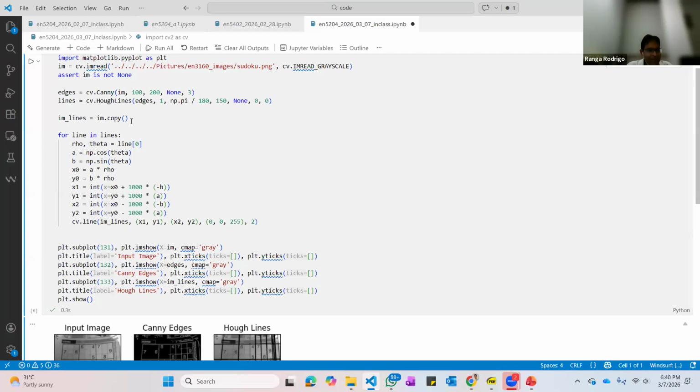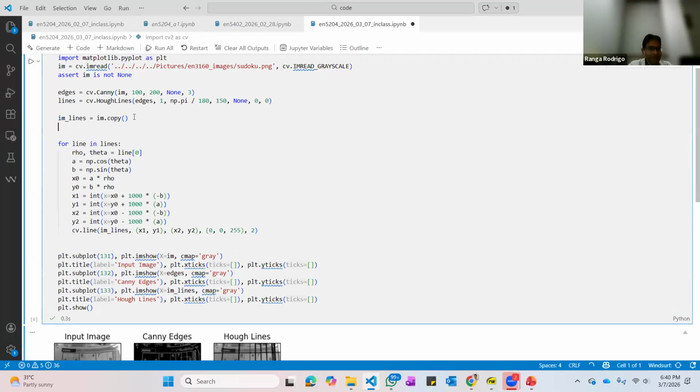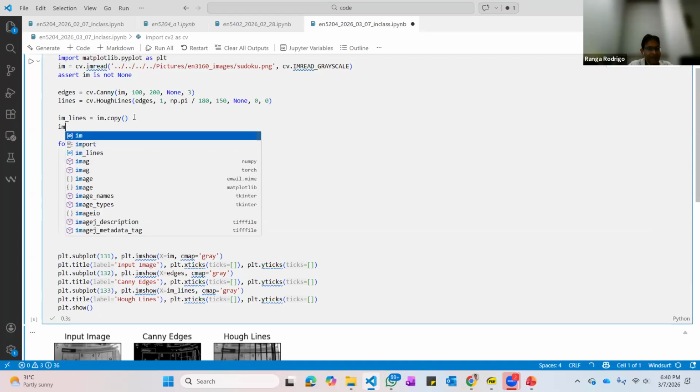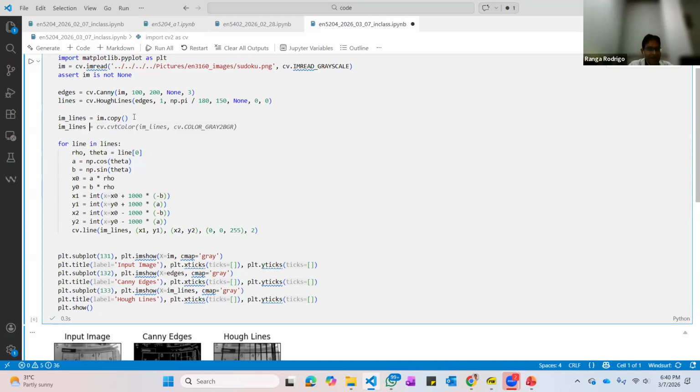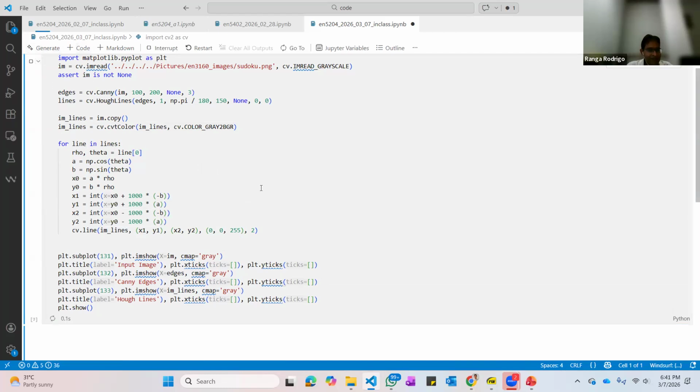I think I had to convert that to an RGB image. Yeah. So convert that to an RGB image. Then I can draw the lines. Line, yeah, in some color, right?